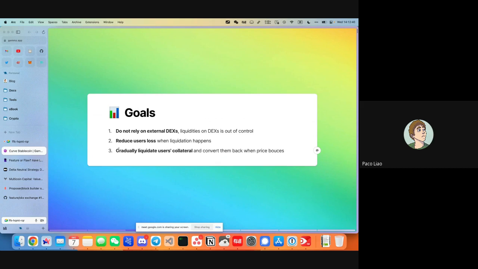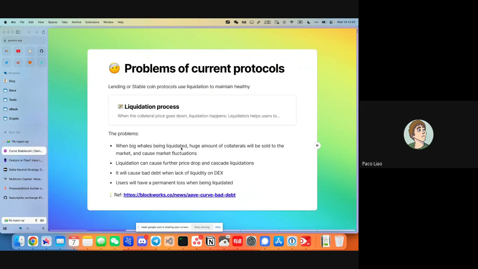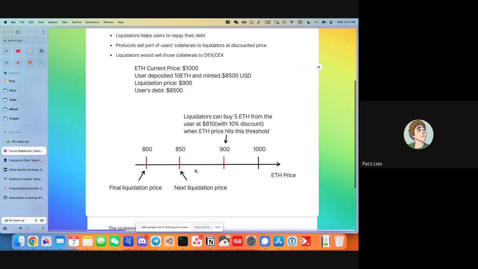The third one is to gradually liquidate users' collateral. In the last example, there were 3 liquidation events. So maybe the first time the liquidator liquidates 5 ETH, maybe the second time he will liquidate 3 ETH, and the last time the liquidator will liquidate 2 ETH.